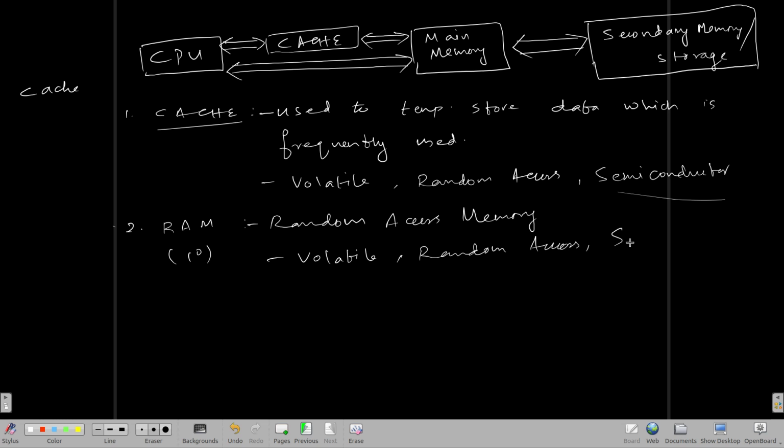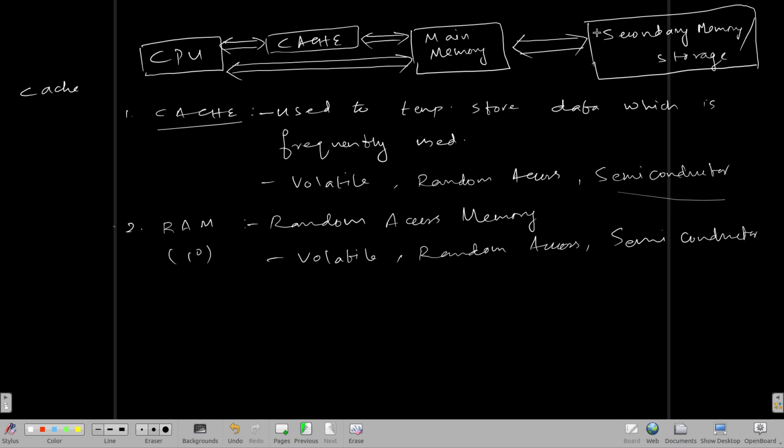This is also a semiconductor memory, right? So this is RAM, which is one of the types of primary memory or main memory. As far as the processor is concerned, it will have the ability to address a certain amount of main memory.